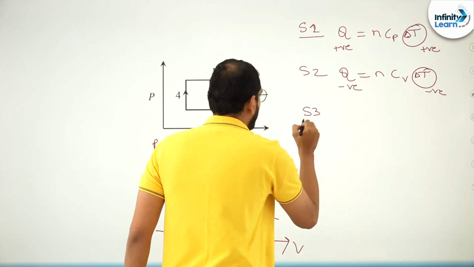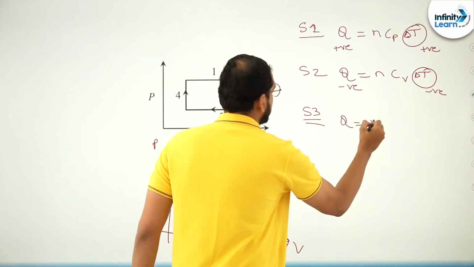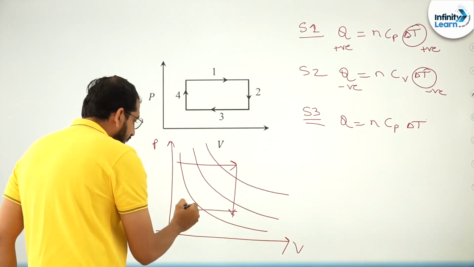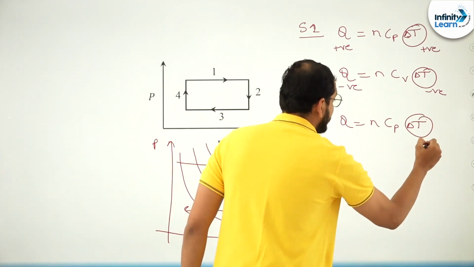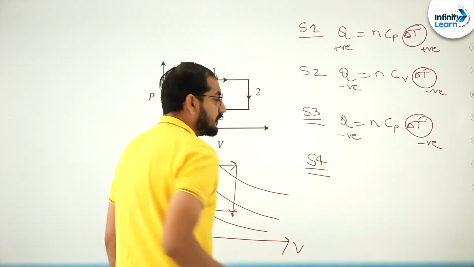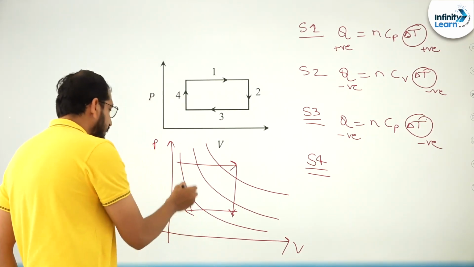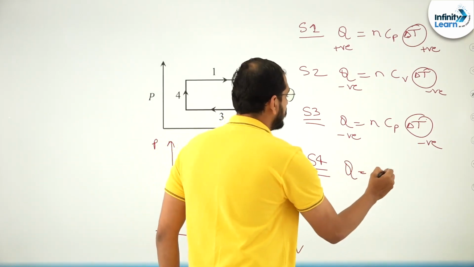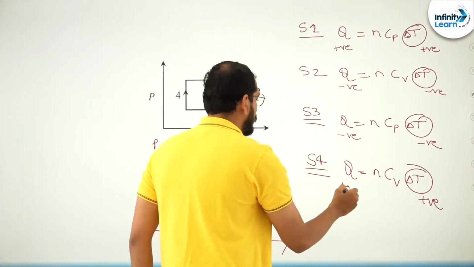Now step number three is again an isobaric process, same formula Q equal to nCp delta T I'm going to use. If I go from here till here, you will see that temperature is still decreasing, so delta T is negative, Q is negative. Now step number 4 is an isochoric process. Here the temperature is increasing. I'm going to use the formula Q equal to nCv delta T. Temperature is increasing, that means delta T is positive, so Q is positive.